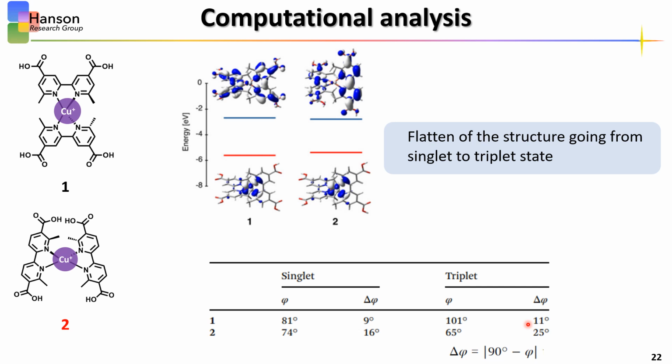So we can see the flattened structure going from singlet to triplet state, and because both of them can bind to the surface, it can help inhibit the molecular distortion toward the square planar geometry.